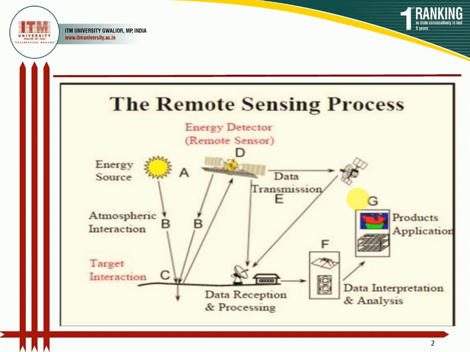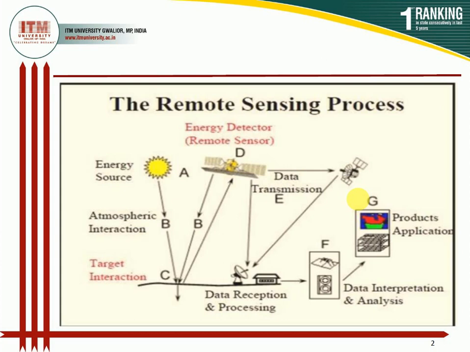But sometimes a few target objects do not reflect back the radiation which is incident on that particular object. They absorb all the radiation and emit some different radiation having a different wavelength. So they emit some sort of radiation, and when that emitted radiation gets captured with the help of a satellite, it is called emitted passive remote sensing.